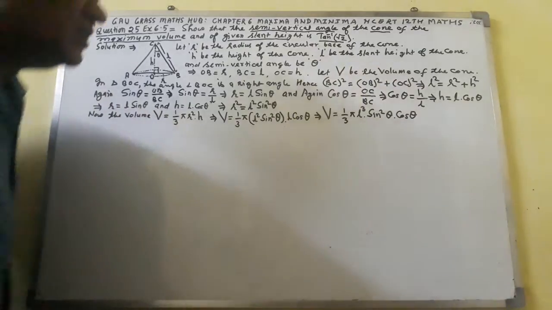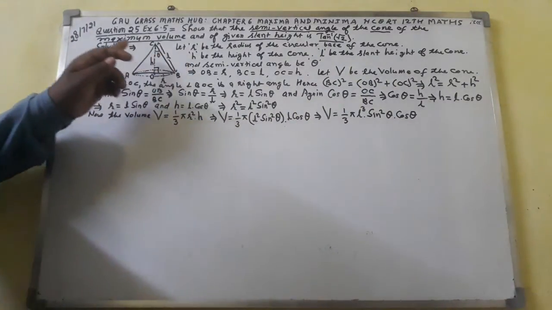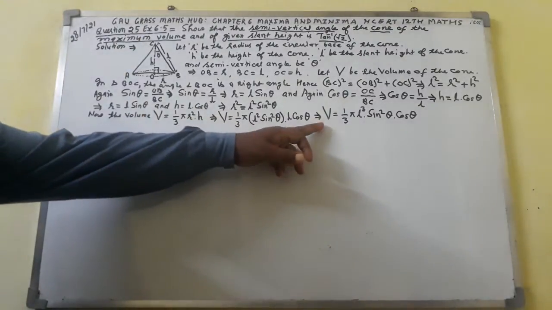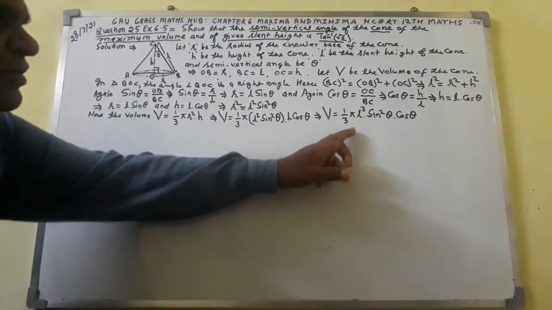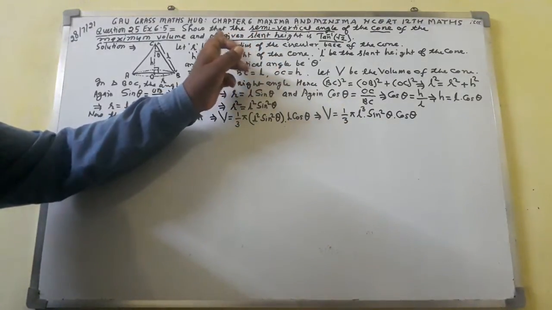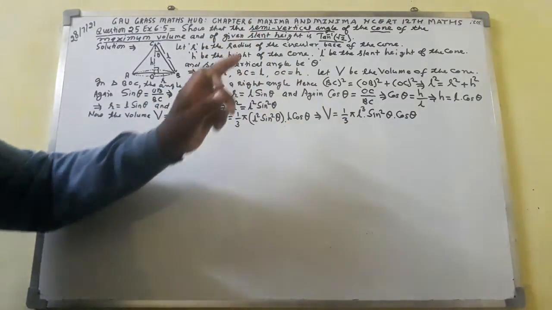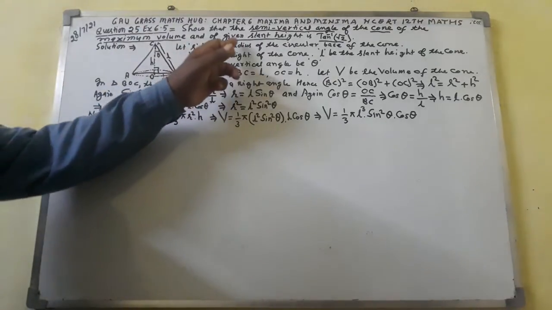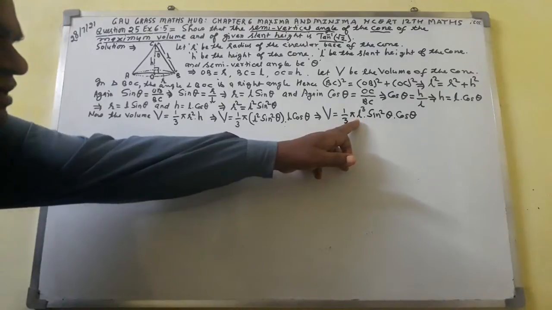Here it says maximum value, so we have to take the first order derivative of volume with respect to the variable theta, because L is constant.